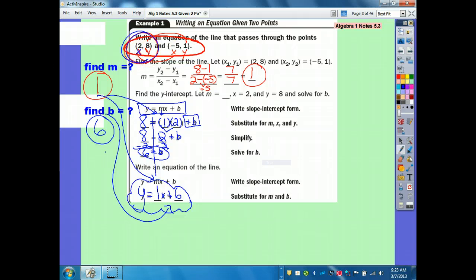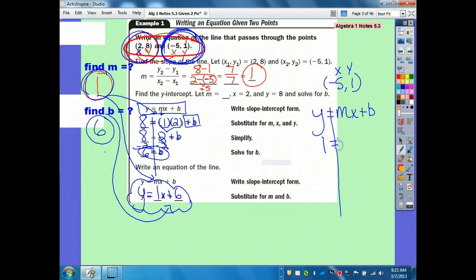Now, let's go write it over to the side. I don't think you have room in your notes, but what happens for those people that would have picked this equation? Well, you still use the same slope, but we would start out with y equals mx plus b, but now we're going to be using the ordered pair -5 and 1. So what is y? 1 equals, we still use the same slope that we figured out, which is still 1 times, what's x? -5 plus b.